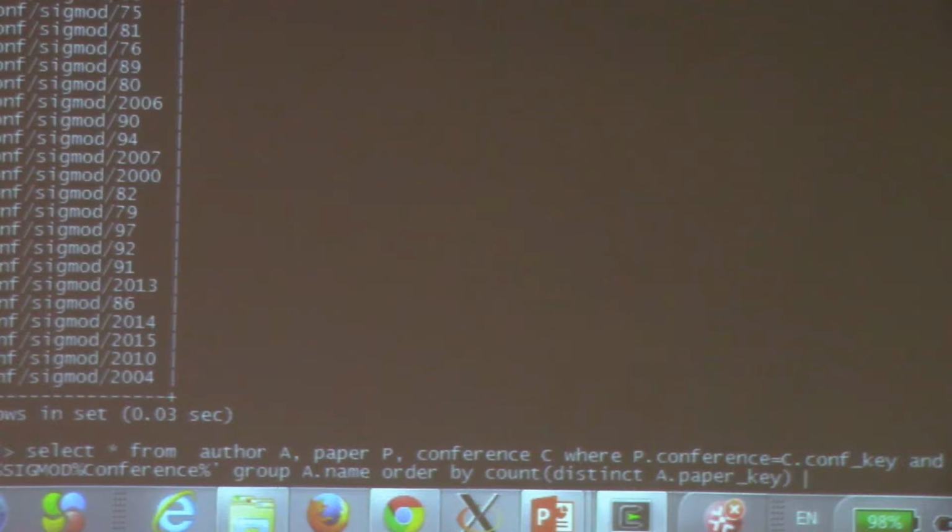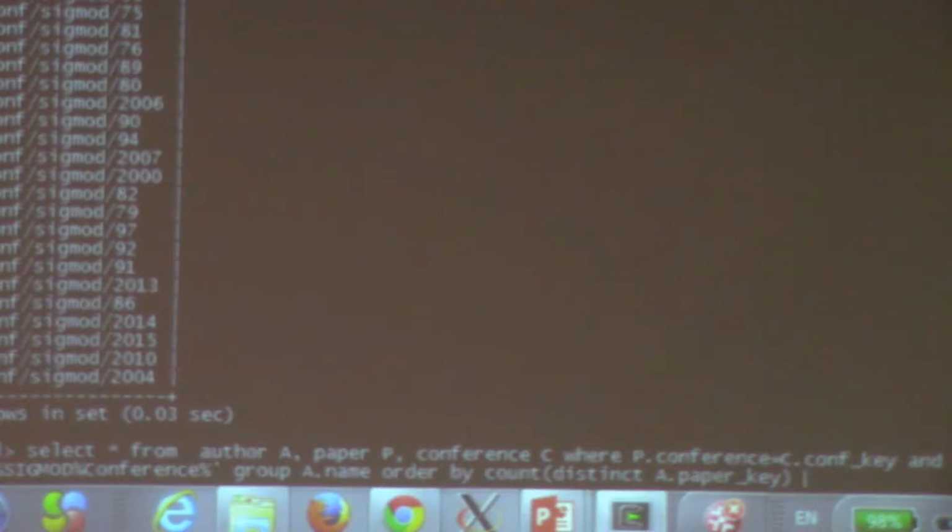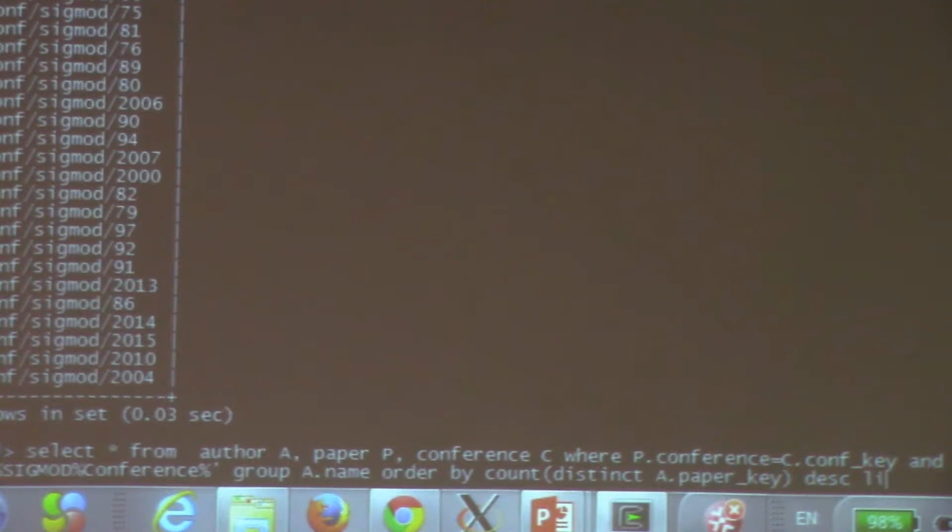And you're looking for the top one, right? You can use a keyword that we didn't discuss in class, but with a little bit of Google and Stack Overflow, you can figure this out. There's a keyword called limit. And you make sure this order by this count is descending. Let's say we not only look for the top one, we look for the top 10 authors. Top 10 obviously gives you the top one. You follow me?